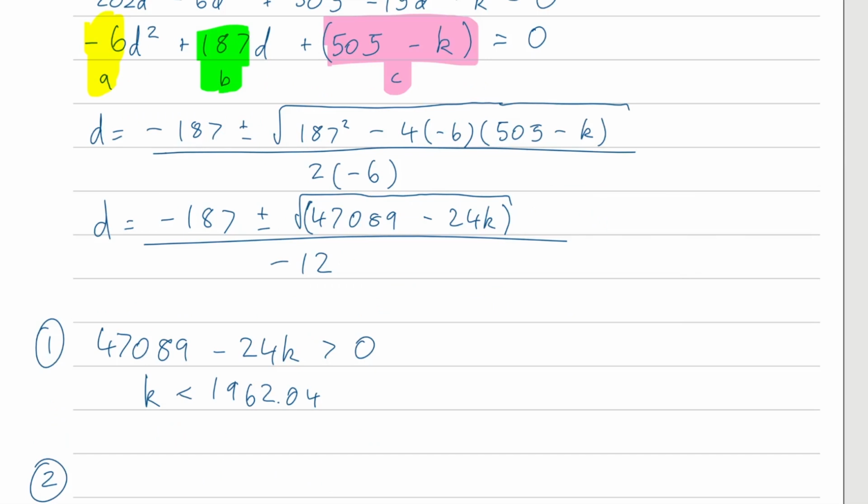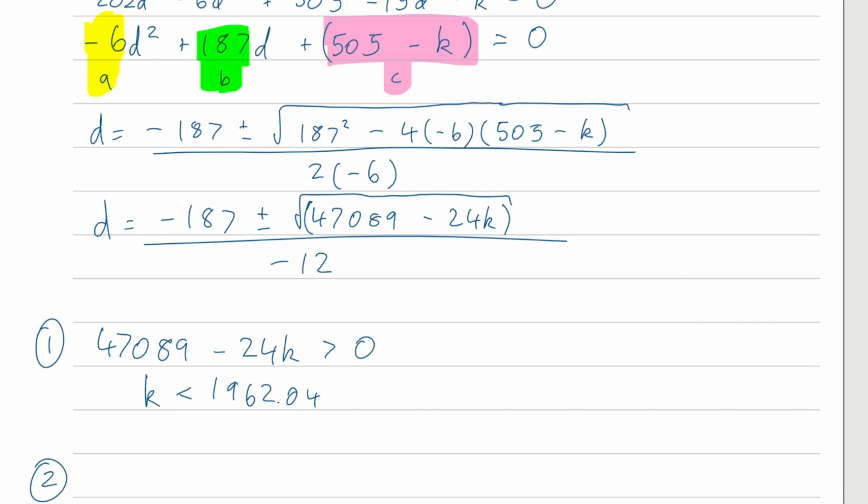d must be a whole number. So when we add or subtract this square root term, if that 47,089 minus 24k is not a square number, when we square root it, we will get a decimal number.